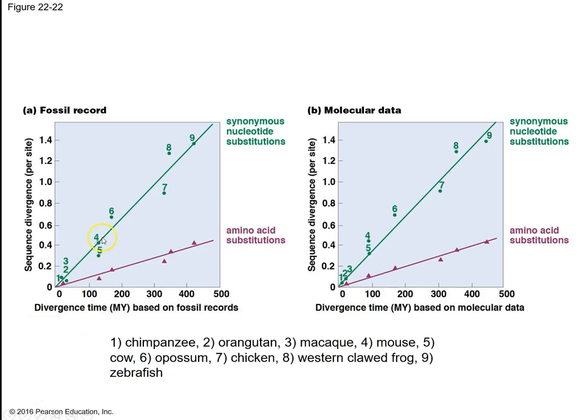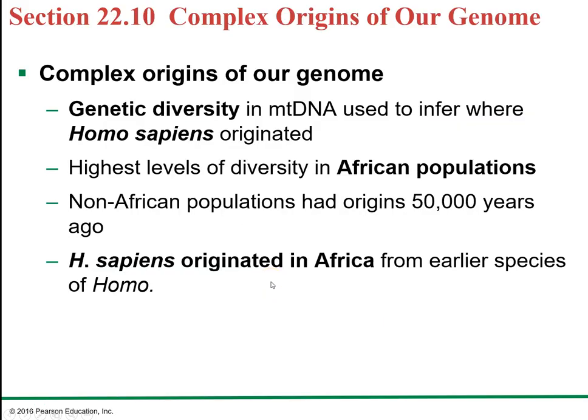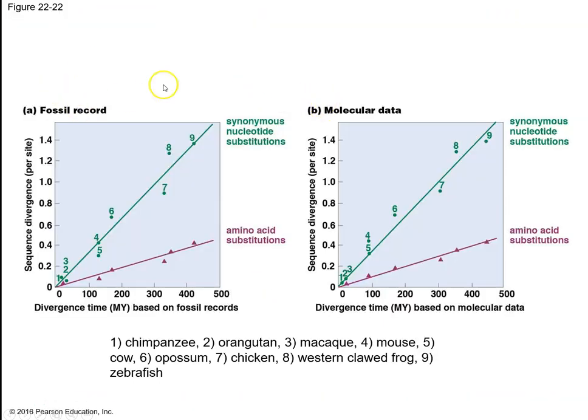And you can see how the more closely related species obviously are a lot closer in terms of the number of differences in nucleotides and amino acids. And then as you get towards the zebrafish here, you can see there's a lot of differences. But then it also is taking into account time. Okay. And again, you can see that the fossil record correlates with molecular data.